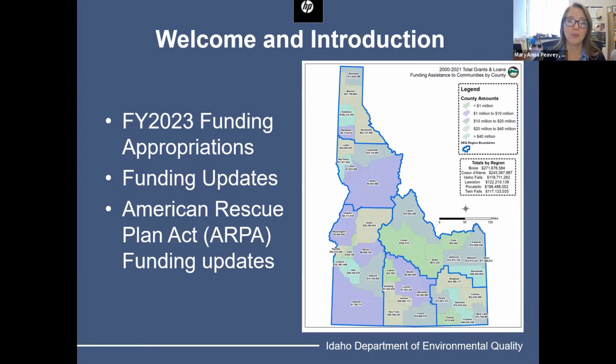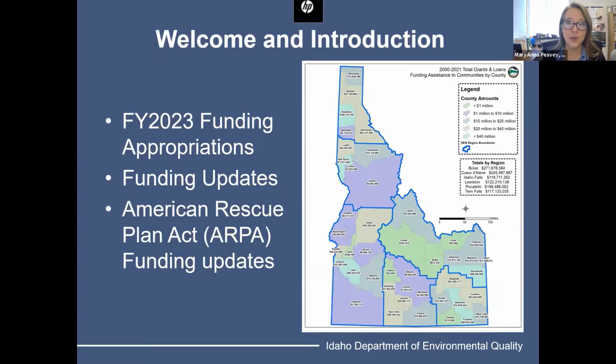They could provide premium pay to essential workers. They could also provide government service extensions due to lost revenue due to COVID. And then the fourth area where they can spend ARPA dollars is necessary investments to water, sewer, and broadband.